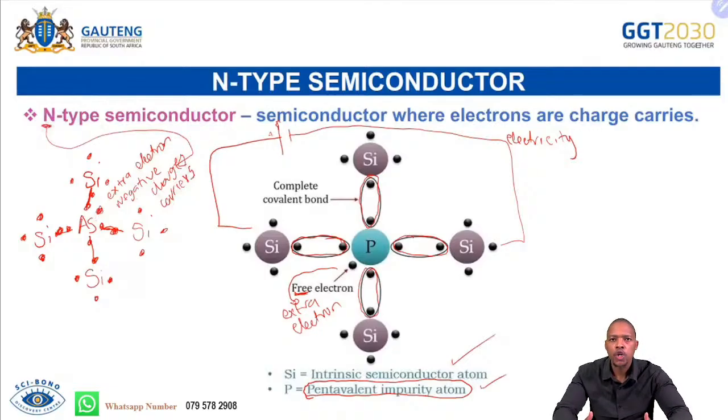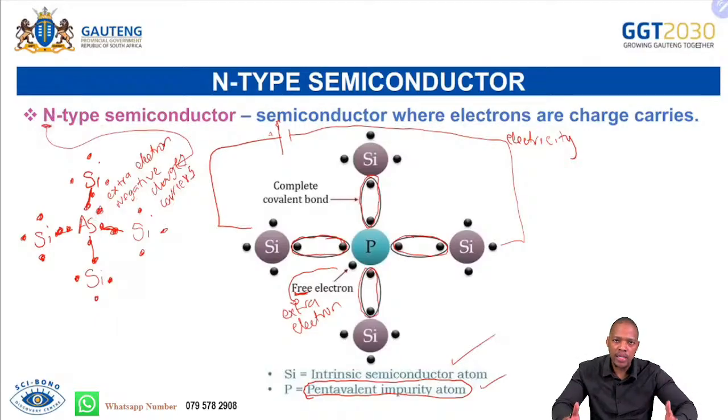And then we said you can dope by using elements in group 3. We decided to use the element aluminum, doping the silicon by using aluminum. You remember aluminum is trivalent in group 3. So the 3 electrons that are there form bonds with other silicon, but create a hole with one of the silicon because it will not be able to form a bond.